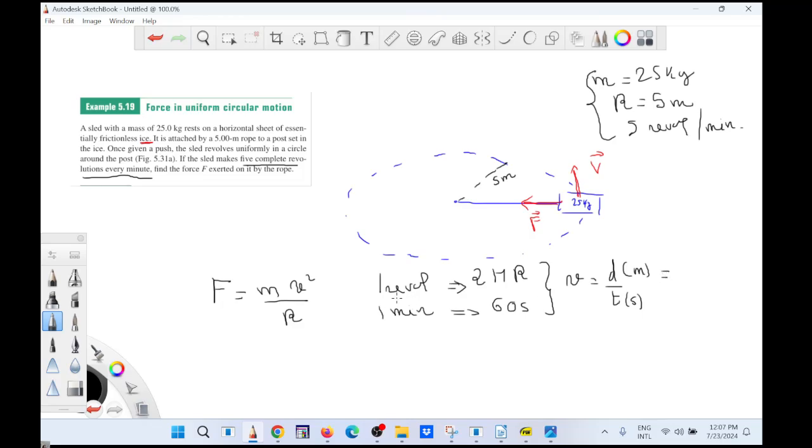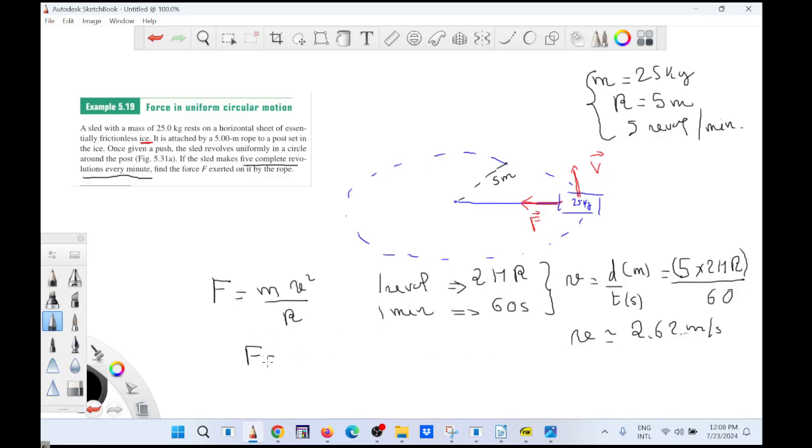So it's going to be 5 revolutions, so 5 times 2 pi r divided by 60. Right? So you plug that into your calculator, you get a speed of about 2.62, and you keep all this decimal until we finish the computation.